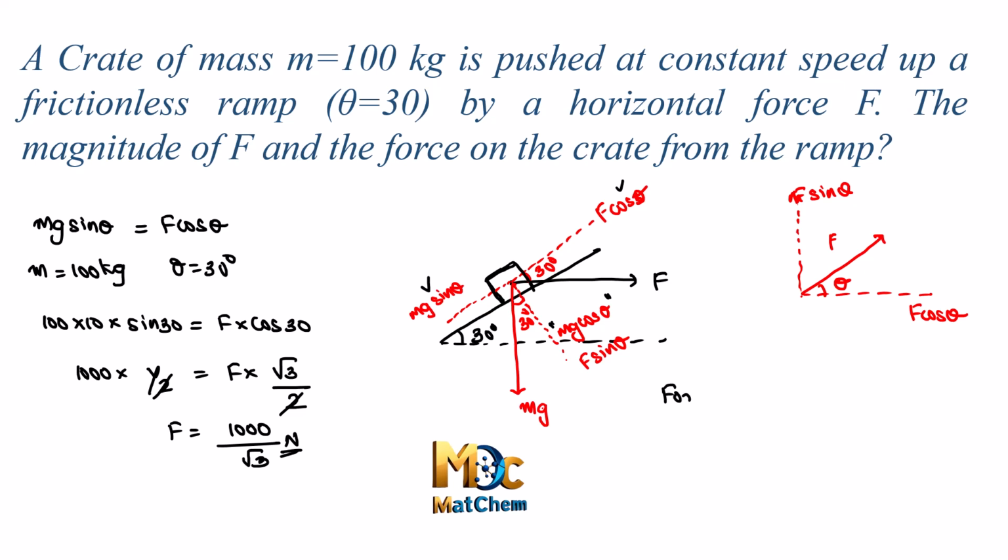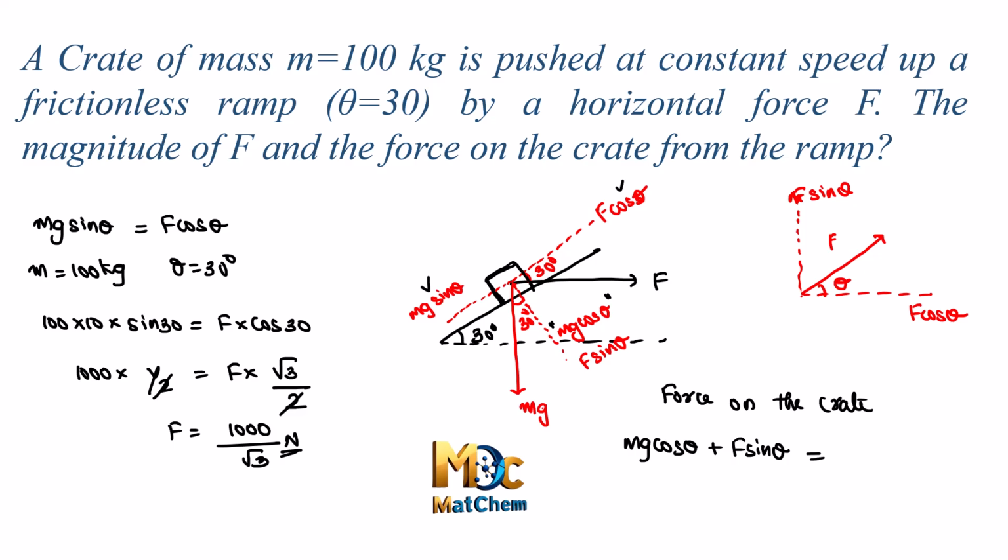So the force on the crate will be equal to mg cos theta plus F sin theta, because the crate is lying on the ramp. As a result, there will be a force acting on the crate from the ramp, as well as a force on the ramp by the crate.